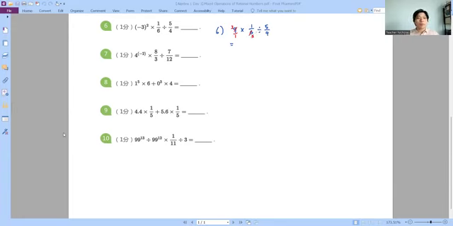What I end up with is 3 out of 1 times 1 out of 2, which gives me 3 out of 2. Next, I want to rewrite that division as a multiplication by the reciprocal. So I'm multiplying 4 out of 5.